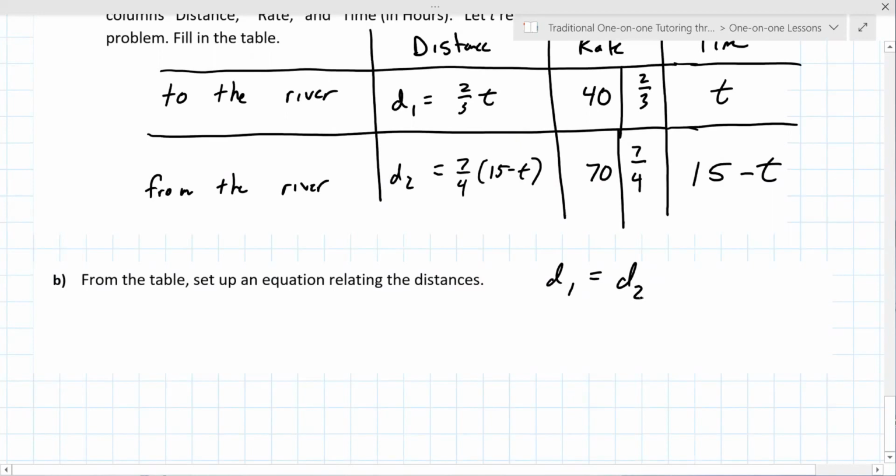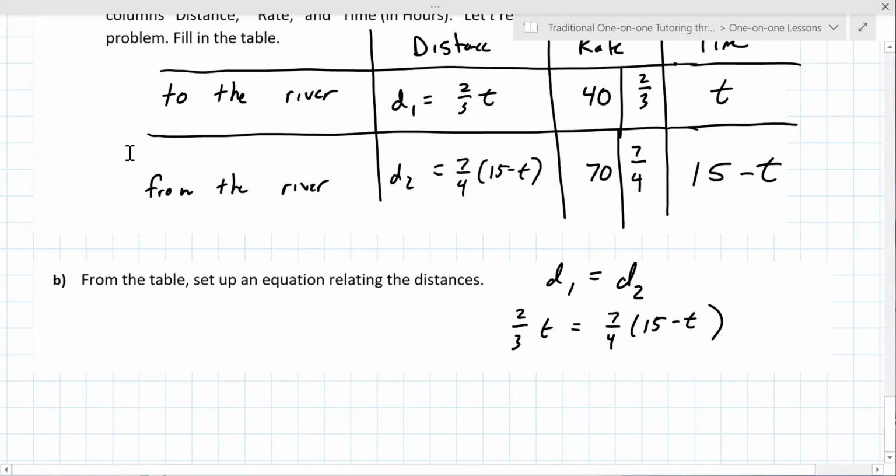It's like when you go to Phoenix, however many miles there, it's the same as how many miles back. So your D1 in this case is 2/3 T equals 7/4 times 15 minus T. And that's it for part B.